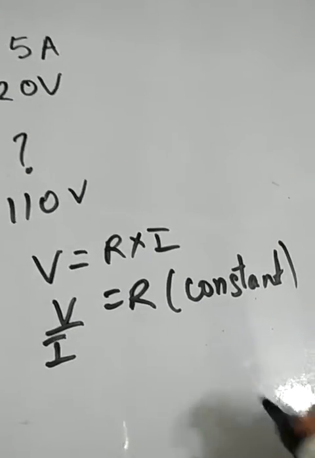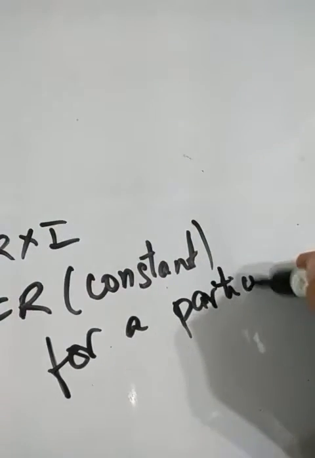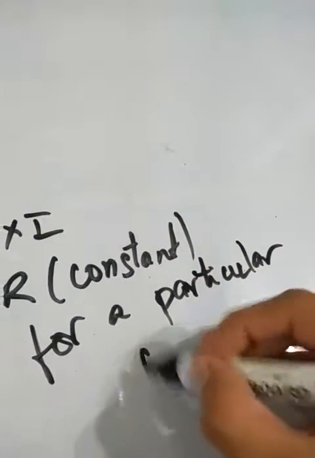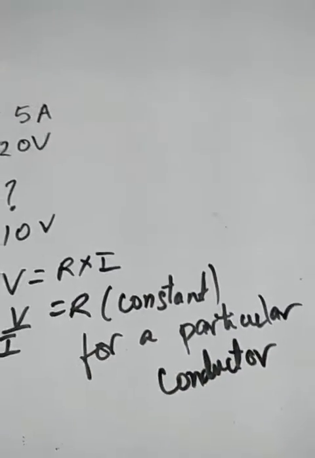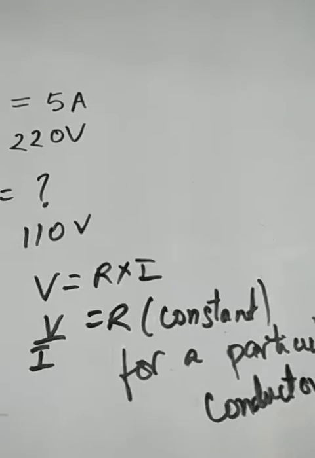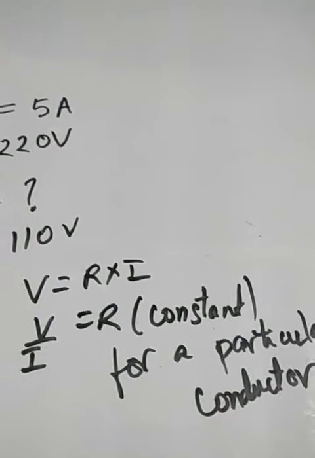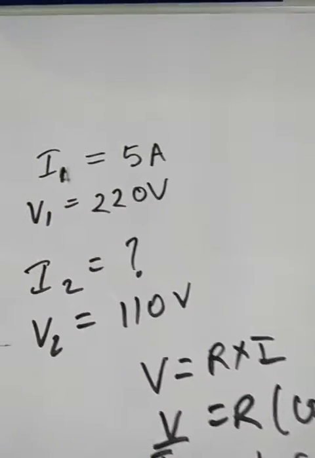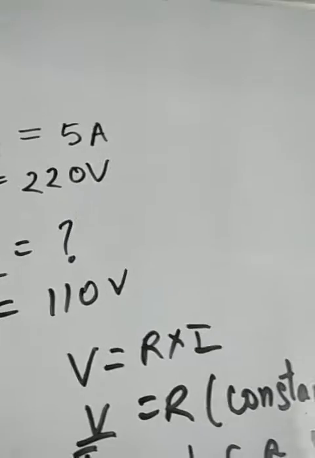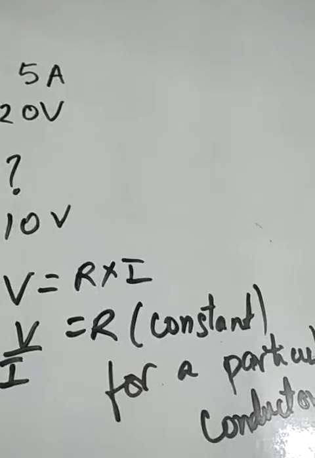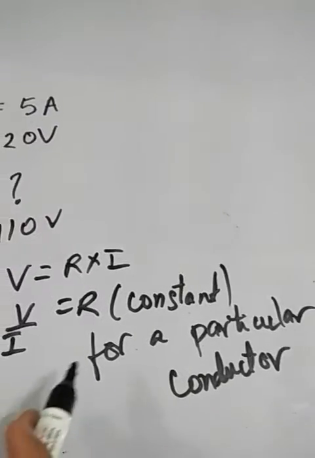This only means that for a particular conductor, R is going to be constant no matter what the voltage or the current is. That is the only missing link between these two different sets of data in different situations. That is R, the missing link, and that is how we solve this.